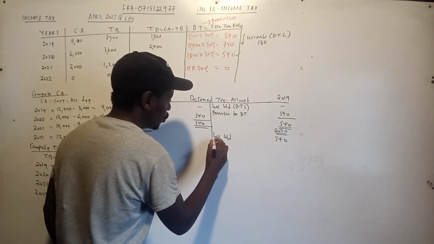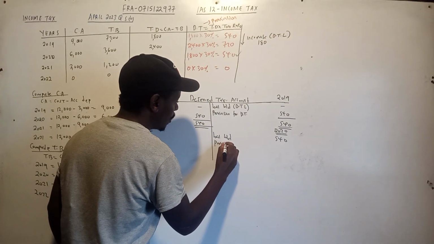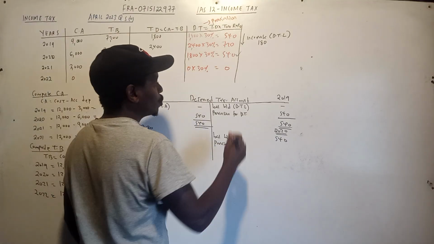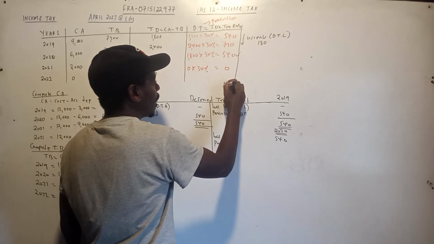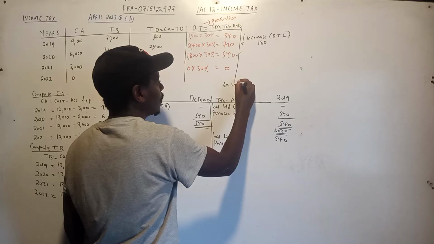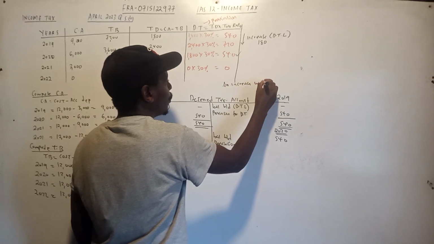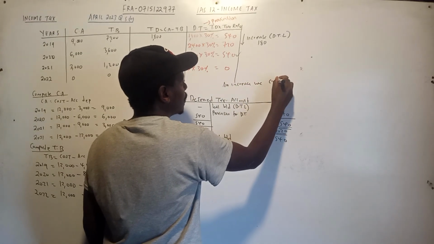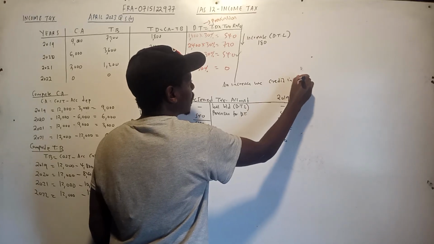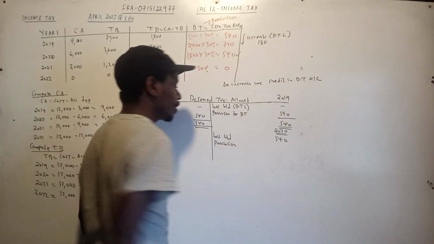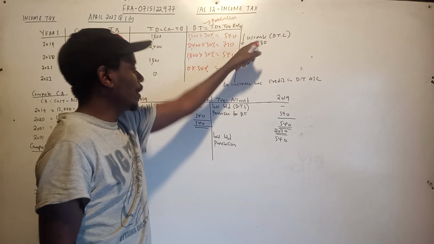So we have the provision for the deferred tax. An increase we credit in the deferred tax account. So an increase of how much? 180.